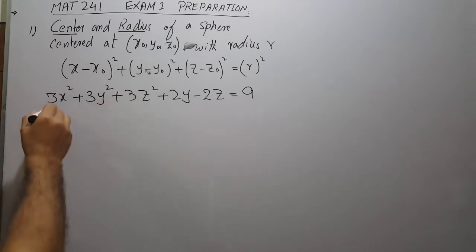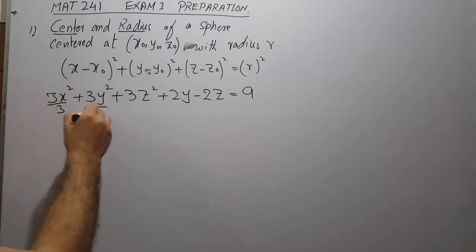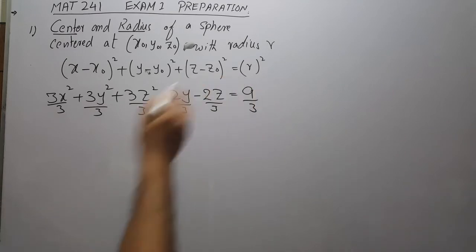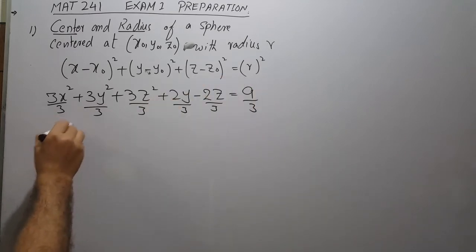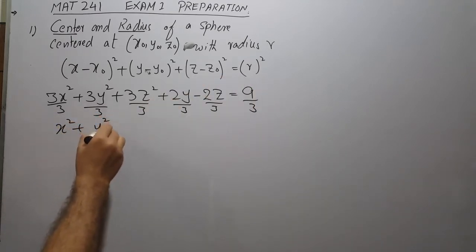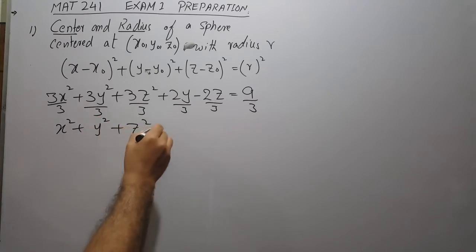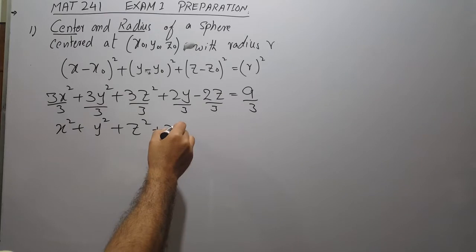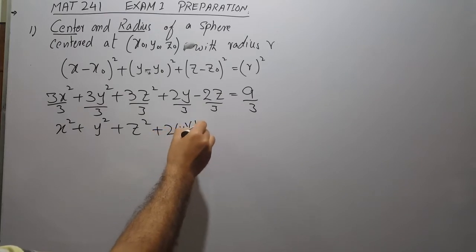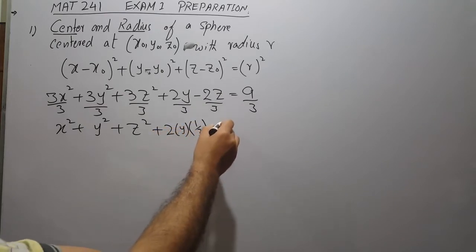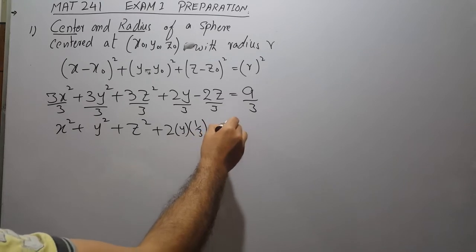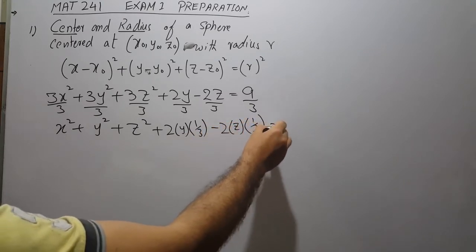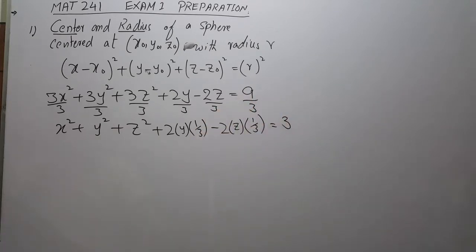By dividing each term by 3. So this gives us x square plus y square plus z square plus 2y times 1 over 3, minus 2z times 1 over 3, equals 3.